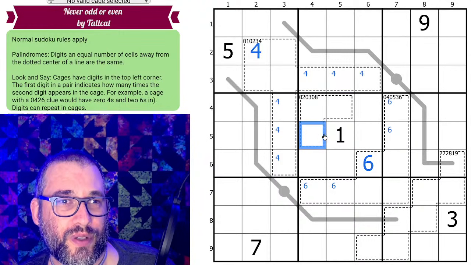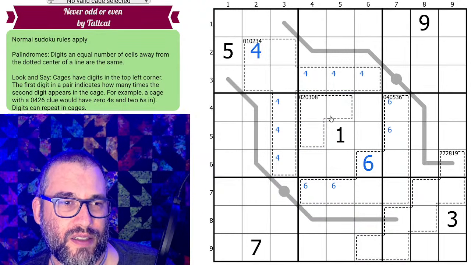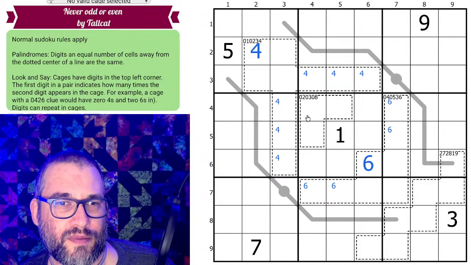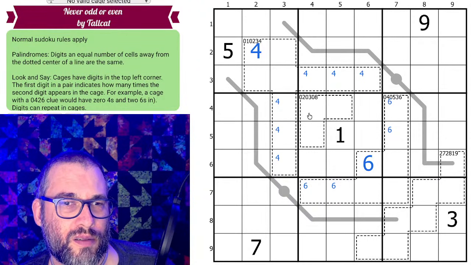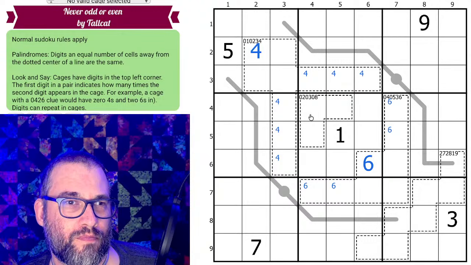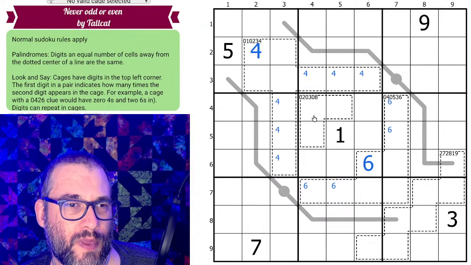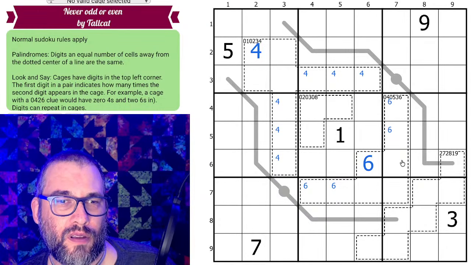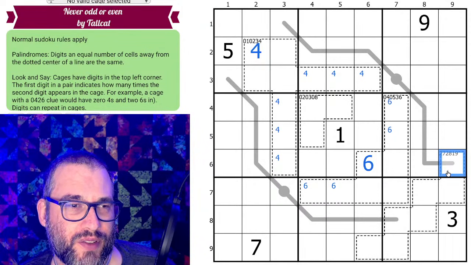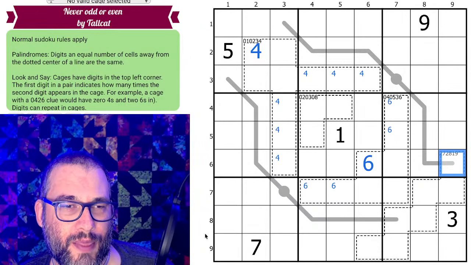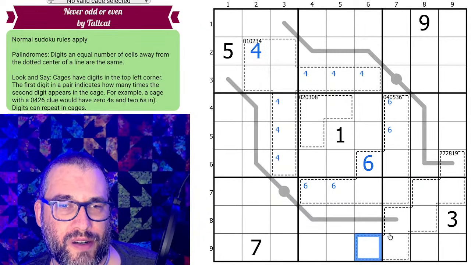Zero 2 0 3 0 8. Hmm. 2 7s. Very good. This 7 is looking over here, eliminating 7.